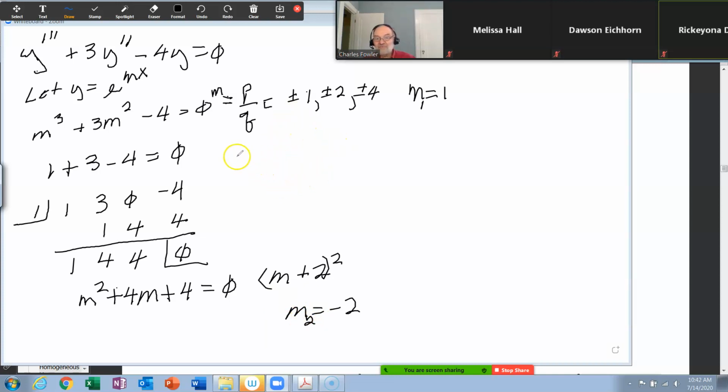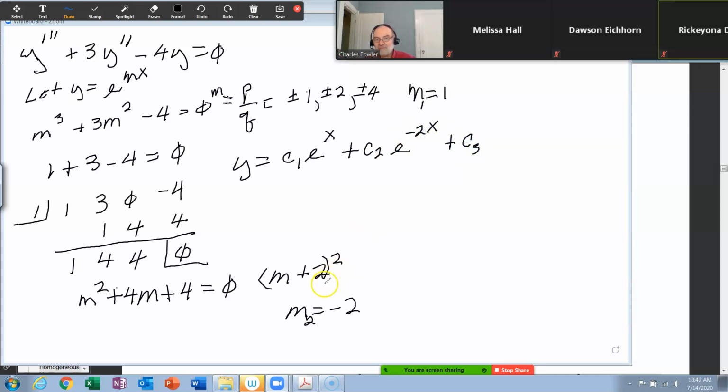So now we can just write down our solution. Y is equal to C1 e to the x, that's with M1 equal 1, plus C2 e to the minus 2x plus C3.